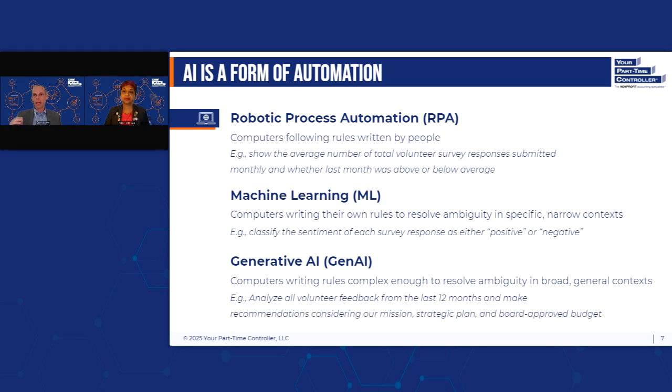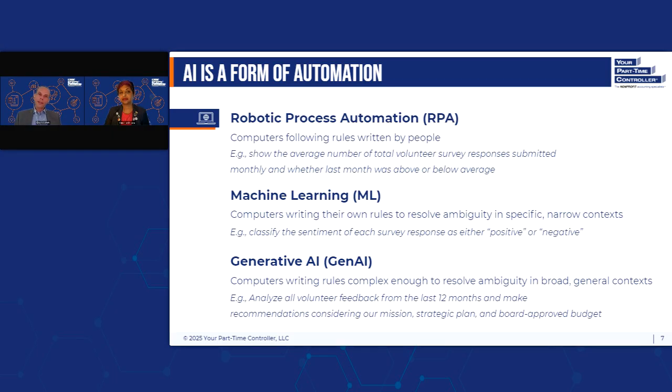We can look at the trends. There's no AI involved there. It's simple pivoting, filtering, sorting and counting. We can write rules that a computer can follow to do all that analysis for us routinely and repeatedly, say on a weekly or monthly basis.